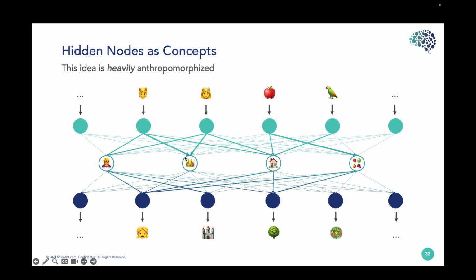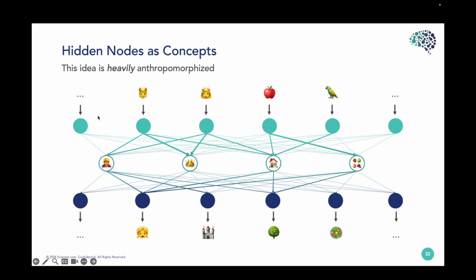And one way to conceptualize that is to assign concepts to these nodes, right? So we see that this node helps connect queen and princess to palace. That could be a node that's associated with royalty, right? We have a node here that helps join princess and queen to daughter. That could be a female node, right?